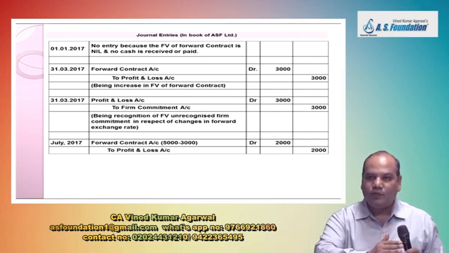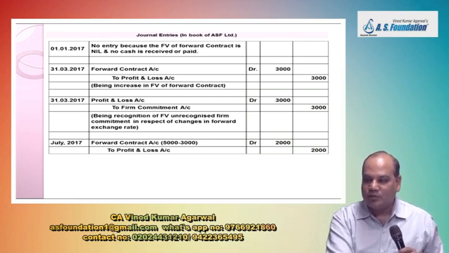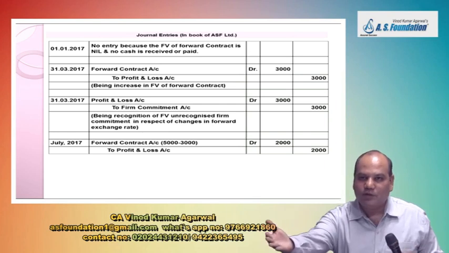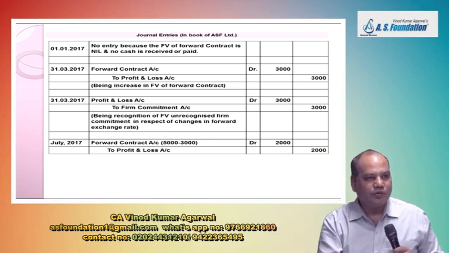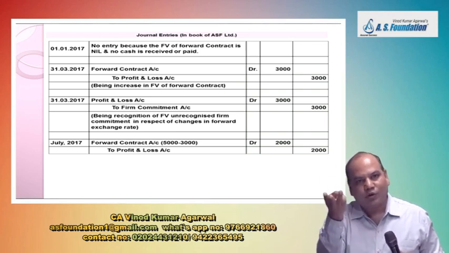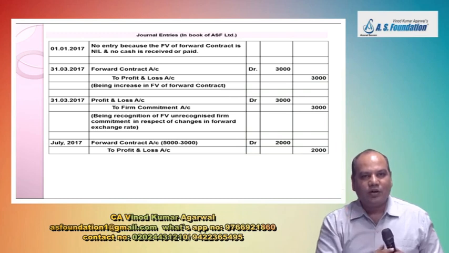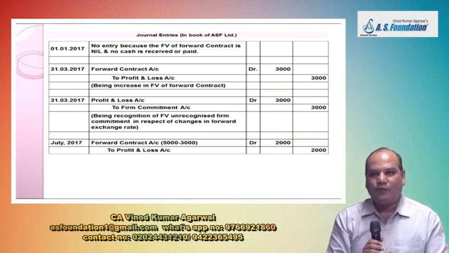So your fair value of the forward contract was 3,000 earlier. Now it is 5,000. So what is the change in fair value? 2,000. Total gain is 5,000, and 3,000 I have already recognized. So in the next entry, I will recognize the increase in fair value of the forward contract.